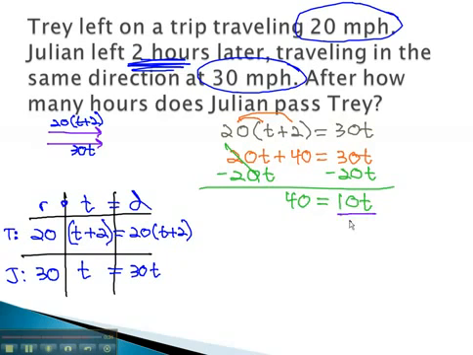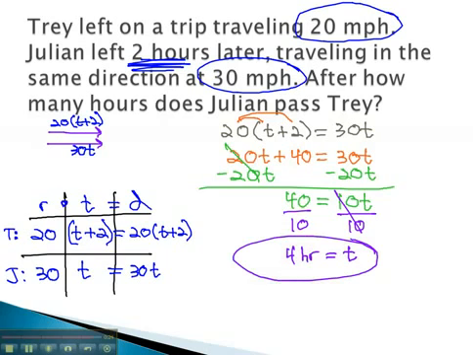We finally solve for t by dividing both sides by 10. t is equal to 4 hours it will take Julian to catch up with Trey. When the distances are the same, we set them equal, and that can help us solve these problems.